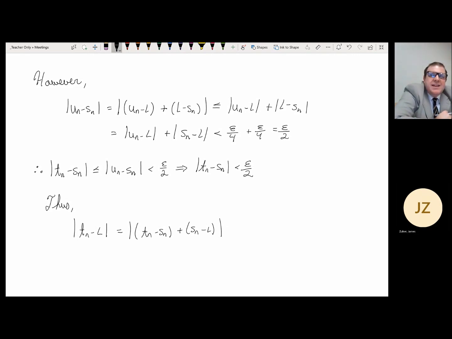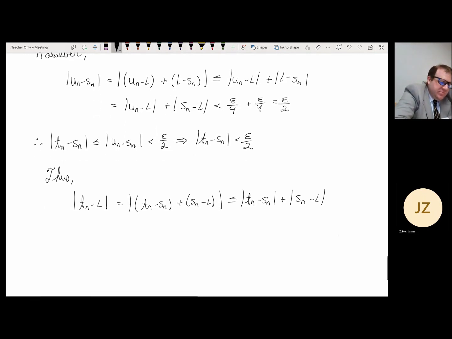All right, so play the same game. Going to add and subtract S_n within the T_n minus L. Triangle inequality. First term, less than epsilon over 2. Second term is less than epsilon over 4.